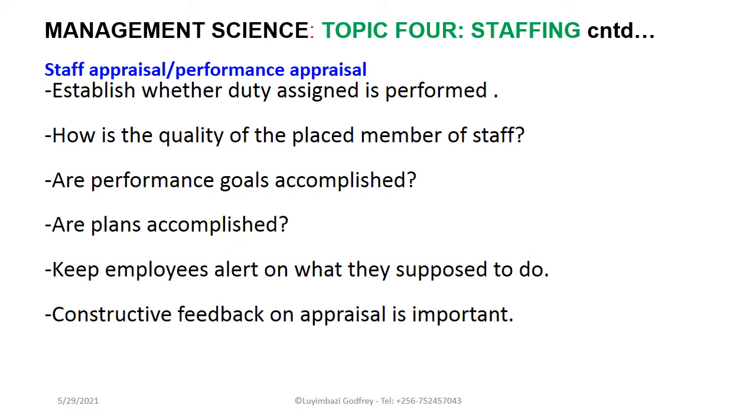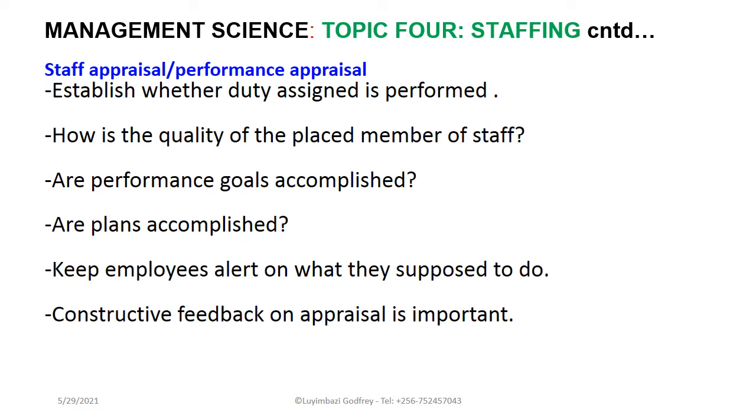Sometimes performance appraisal could be good or it could be bad, depending on how each one of us, the appraiser and the person who is appraised, looks at it. Sometimes members of staff do not want to be appraised, but it's a duty of the manager to educate the employees on the importance of performance appraisal, and this appraisal ought to be carried out.